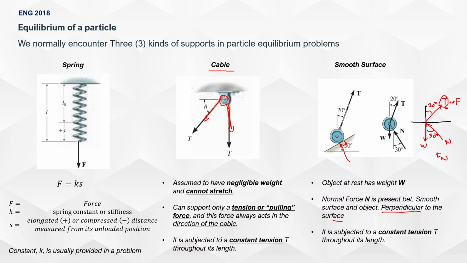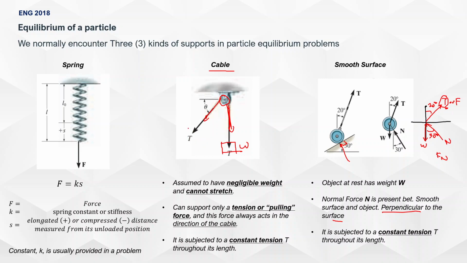And then finally, and very important, when you're using a cable, it is subjected to a constant tension T throughout its length. So for example, there's a block of weight here represented as W, and there's a tension here.